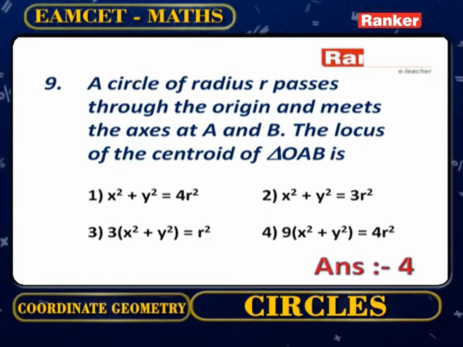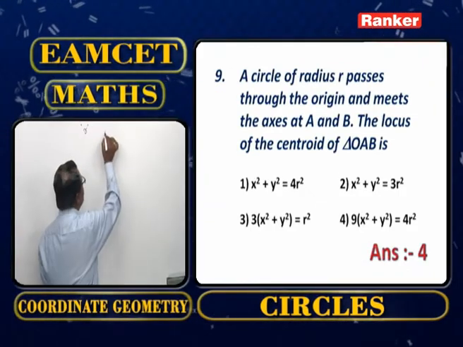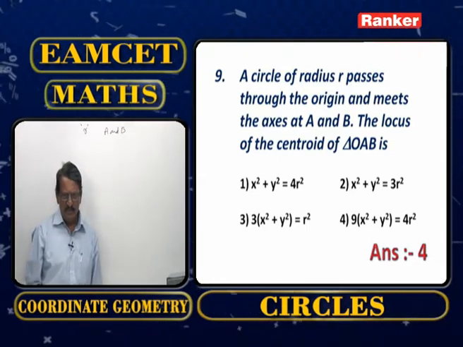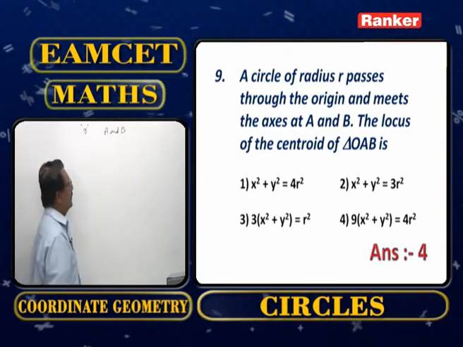A circle of radius r passing through the origin meets the axes at A and B. Find the locus of the centroid of the triangle OAB.